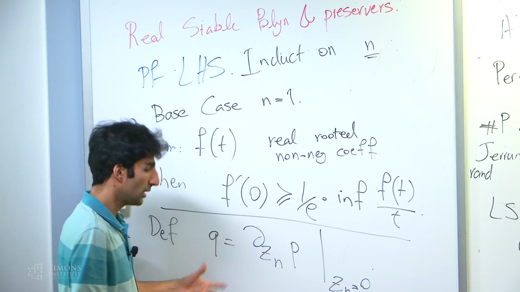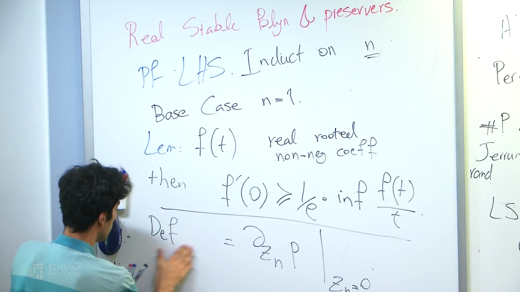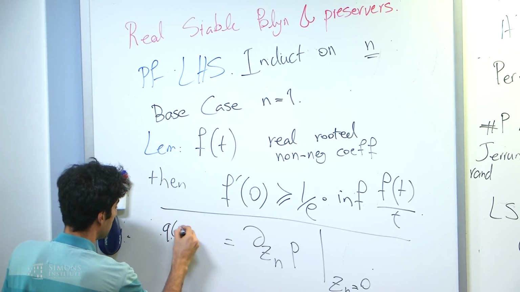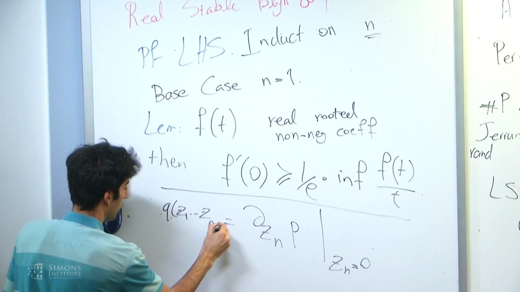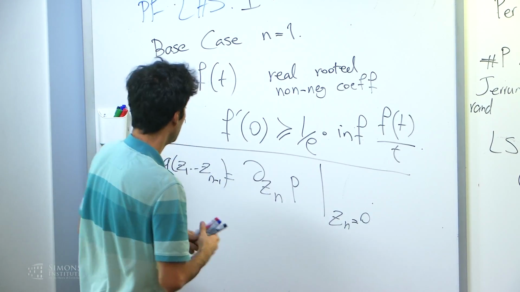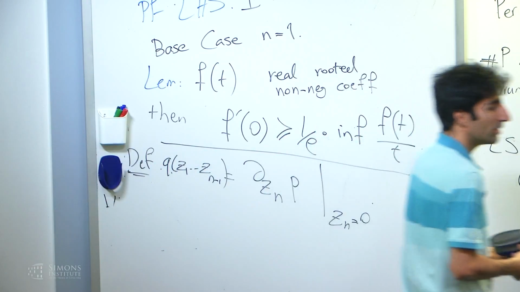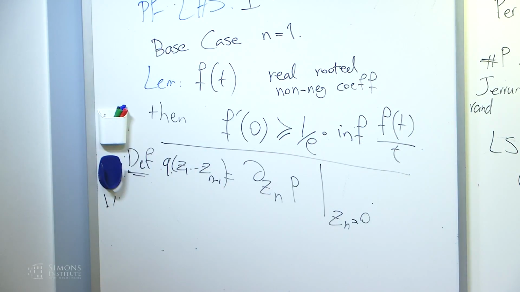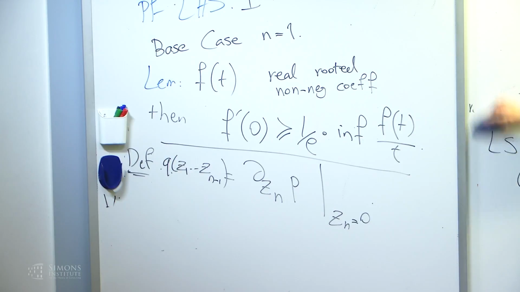Now Q has n minus 1 variables, only on Z1 up to Zn minus 1. Therefore, I can use the induction hypothesis applied on Q. Remember that Q is real stable, because all I did is differentiate and specialize, and both of these operations preserve real stability.